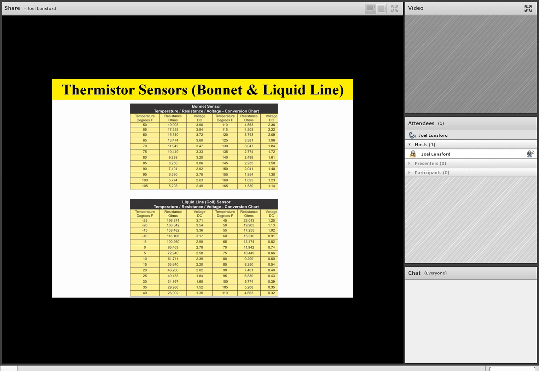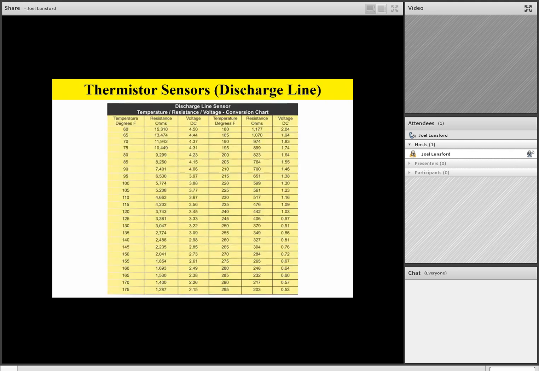And then the final chart that you'll have in your handout or your workbook is a thermistor sensor for the discharge line chart. The discharge line sensor is oftentimes hooked up on our advanced defrost controls. So let's do an example. Let's say that the discharge line, or the hot gas line off the compressor, is 200 degrees.